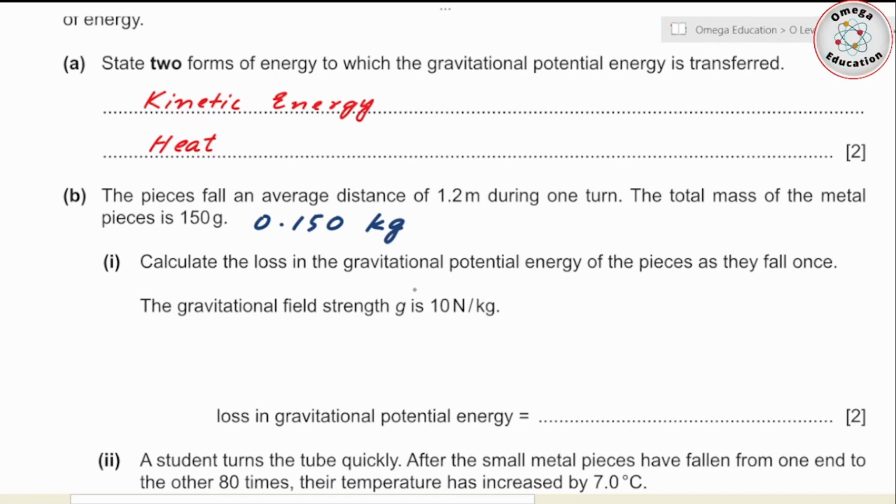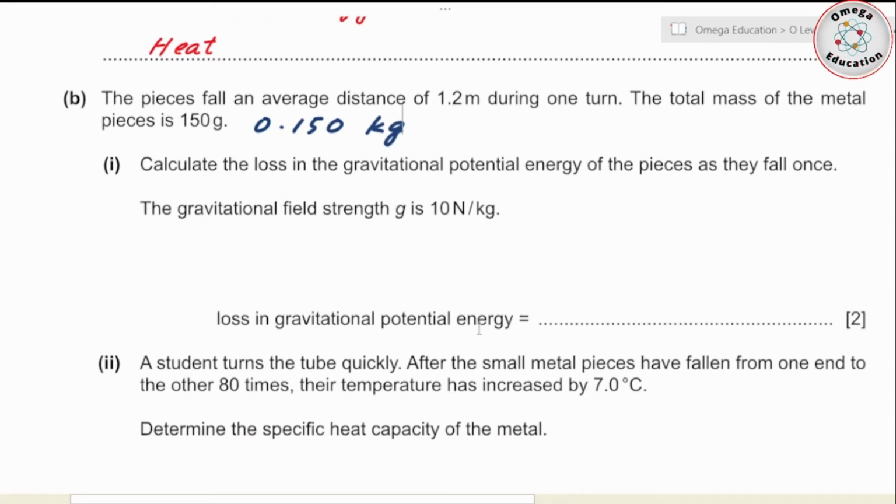Calculate the loss in the gravitational potential energy of the pieces as they fall once. The gravitational field strength G is 10 Newton per kilogram. So that should be an easy one. We can simply use the formula for loss in potential energy. That equals mass times gravitational field strength times height.